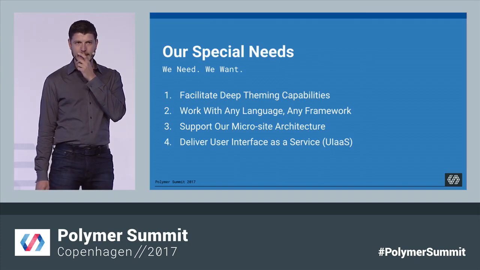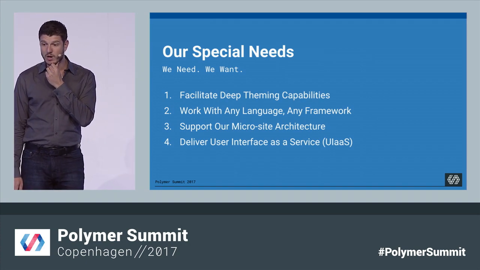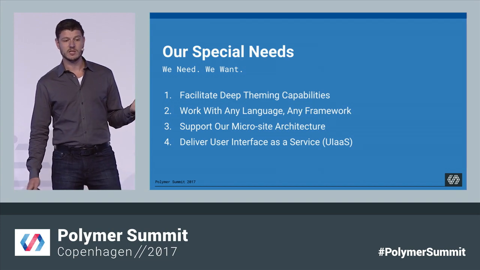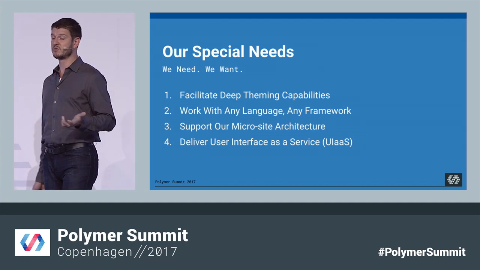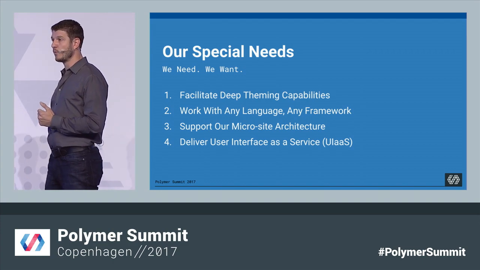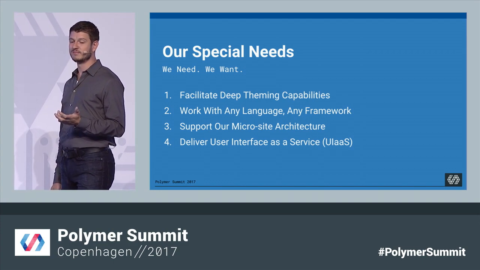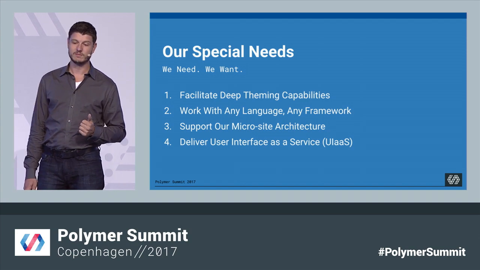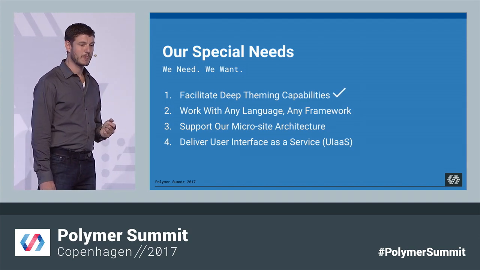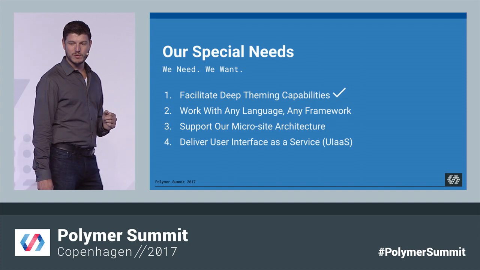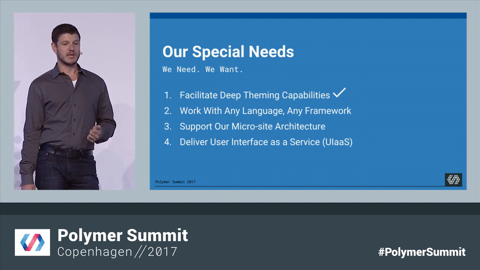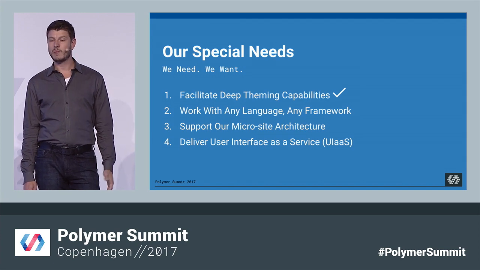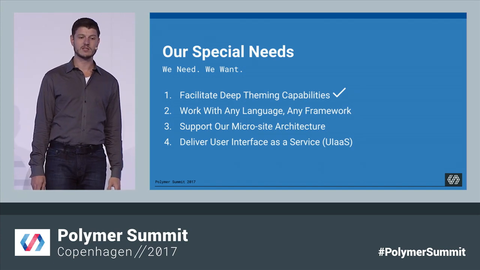So number 1, OK, deep theming capabilities. Well, we get theming right out of the box using CSS custom properties and mix-ins with a shim that works everywhere. Cool. We can theme these components at runtime, too. No build step necessary. That's pretty awesome. All right, number 2, working with any language, any framework. Well, it's really just an HTML element at the end of the day, and almost standard DOM interface.